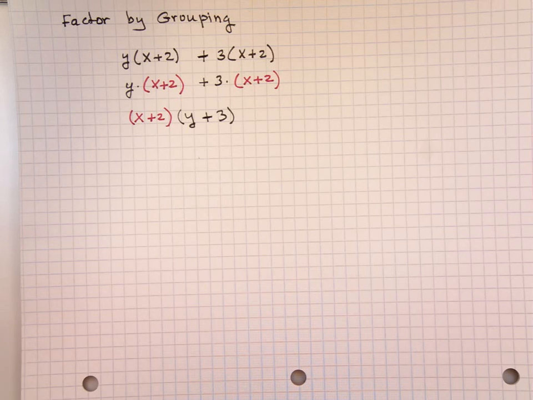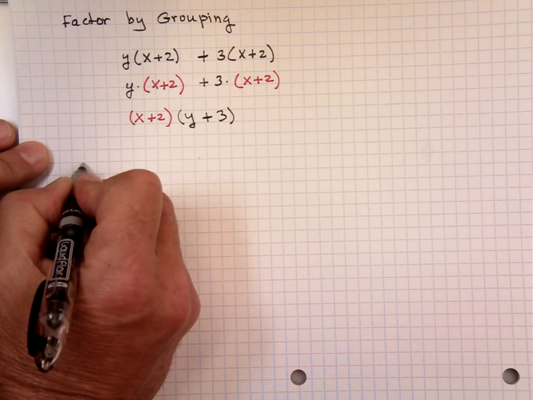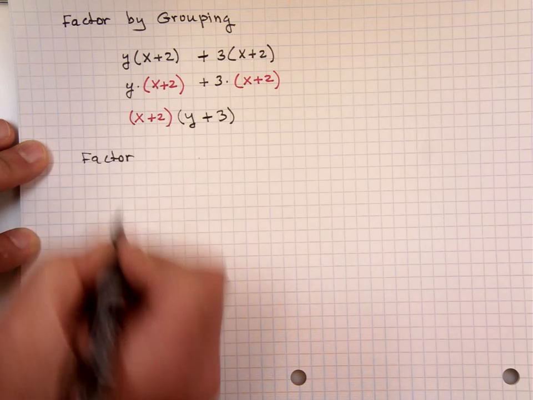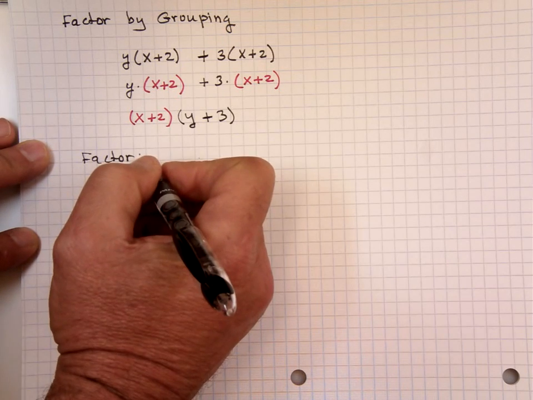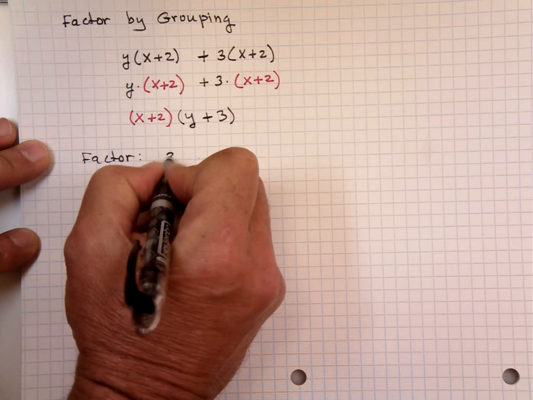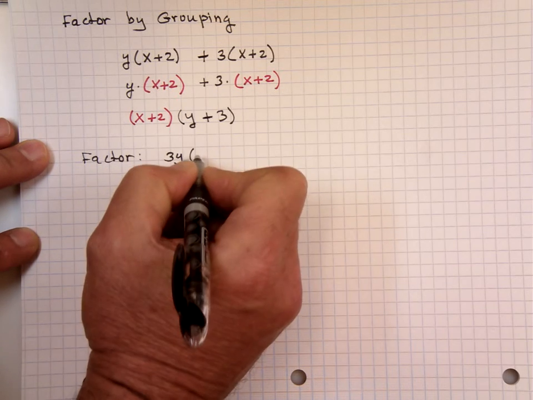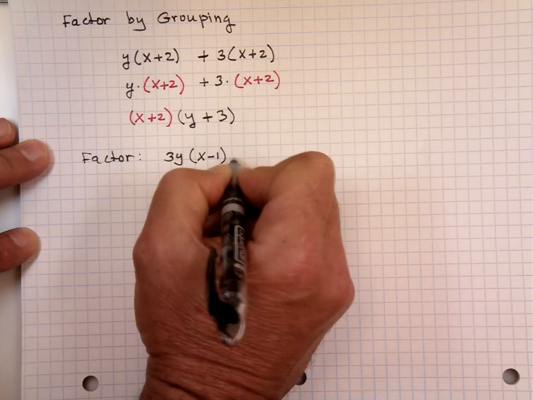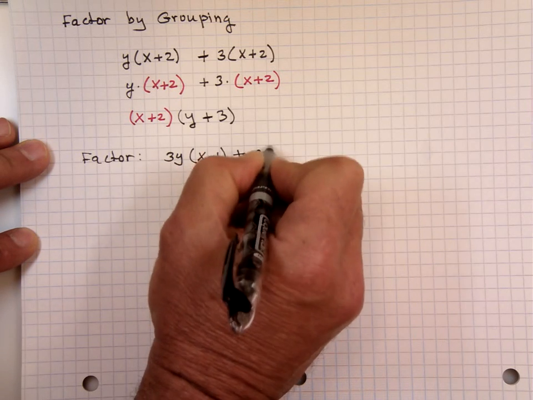Let's factor again. 3y times x minus 1 plus 2 times 1 minus x.